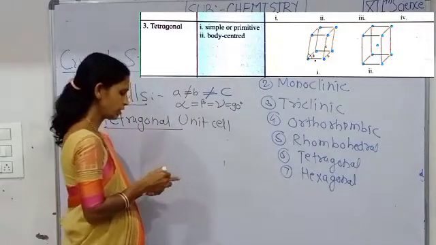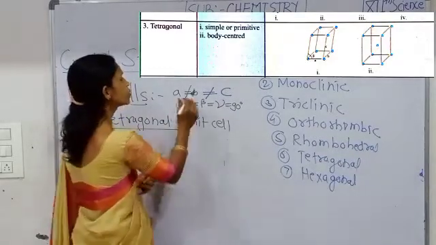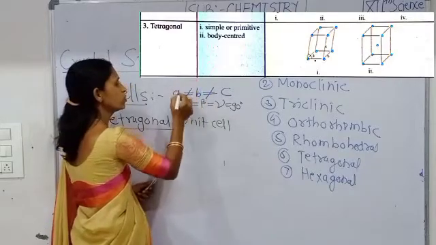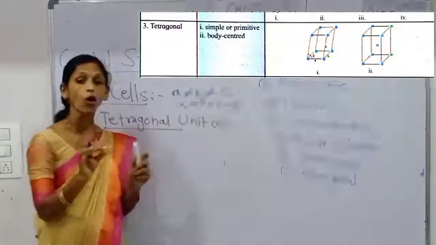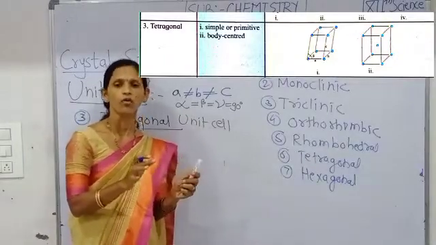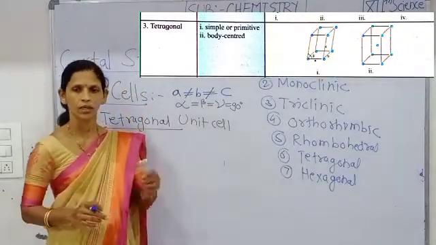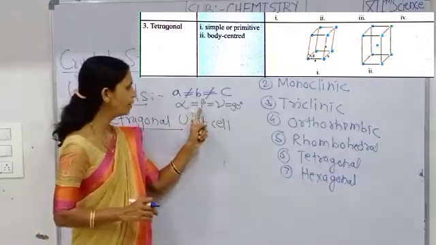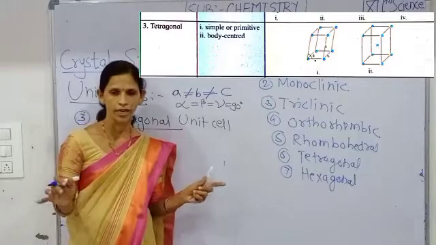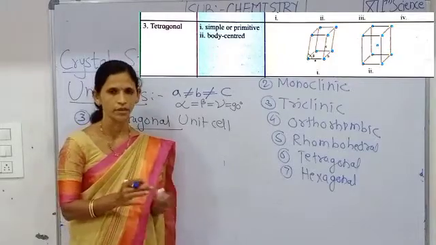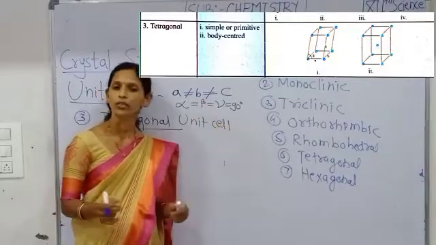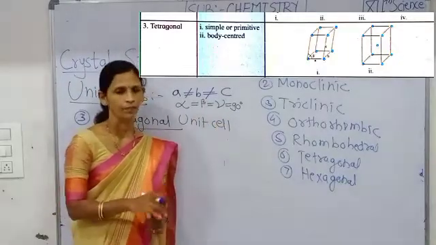That means A is not equal to B, and B is not equal to C. All 3 types of edges are different here, and alpha, beta, gamma are of equal measurement. That means alpha equals beta equals gamma, which is 90 degrees.